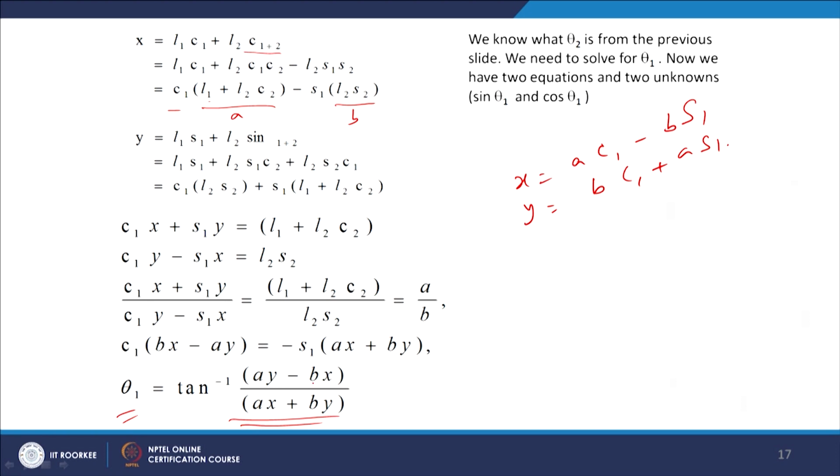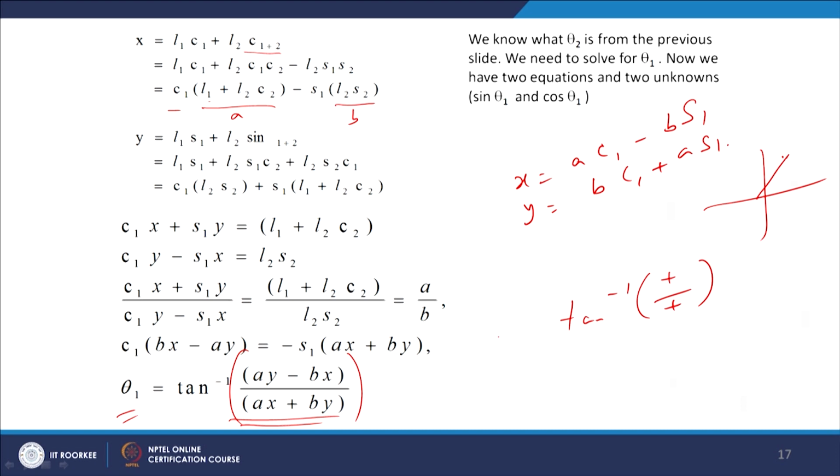Here we should observe that the tan inverse will have several different values. If the numerator is positive and the denominator is also positive, then the angle is in the first quadrant.